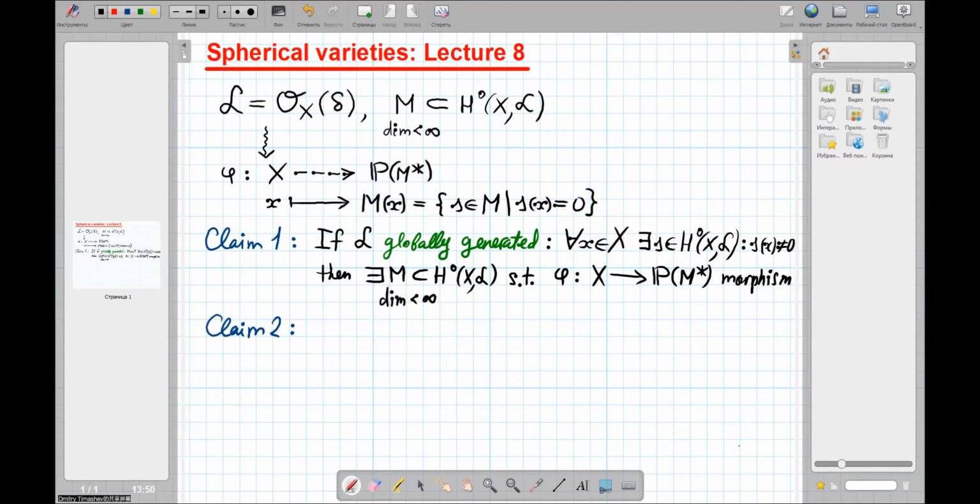Any morphism phi from X to some projective space P^n comes from some line bundle L.